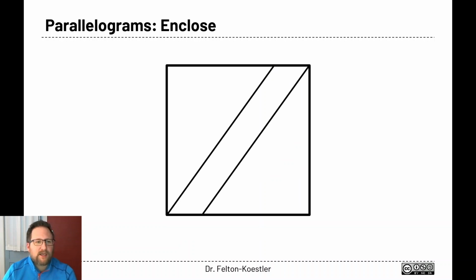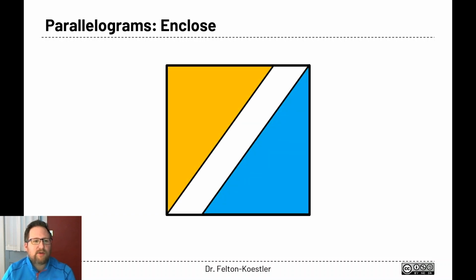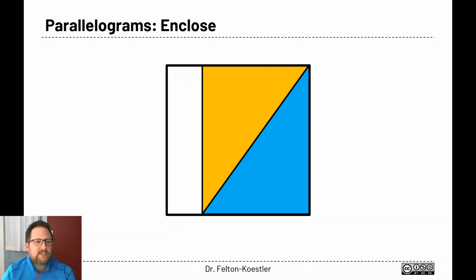So I want to talk about a different way of thinking about this parallelogram. If I want, I can think of it as sitting inside this rectangle. And then essentially I've got a rectangle, and I need to subtract off these 2 triangles I don't like. The orange triangle and the blue triangle are not part of my parallelogram, so I want to subtract them. One way to do that is just to slide that orange triangle over and turn it into a rectangle.